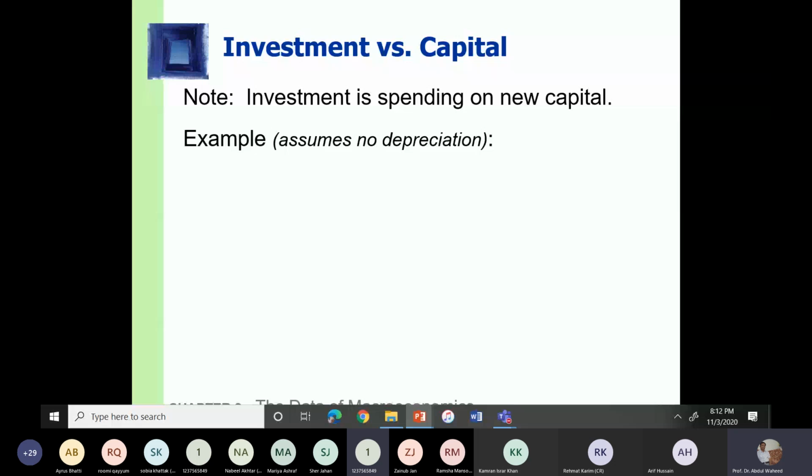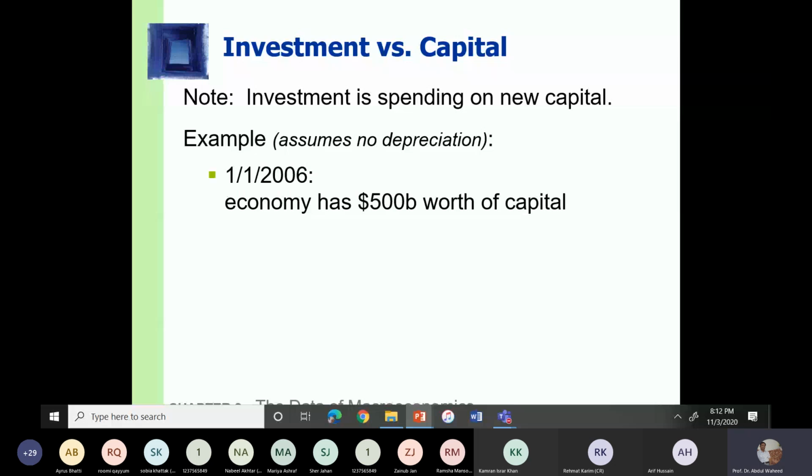So if we assume there is no depreciation, on 1st January 2006, the economy has 500 billion worth of capital. Then during 2006, we made investment of 60 billion. What would be the capital by the end of 2006?